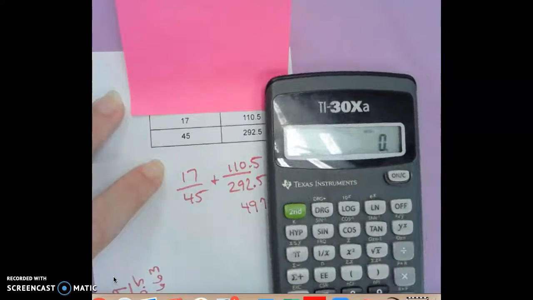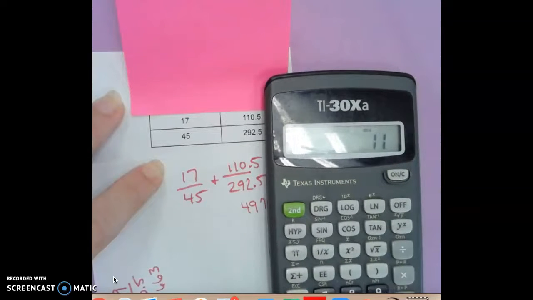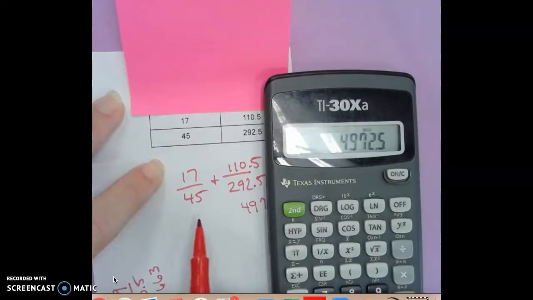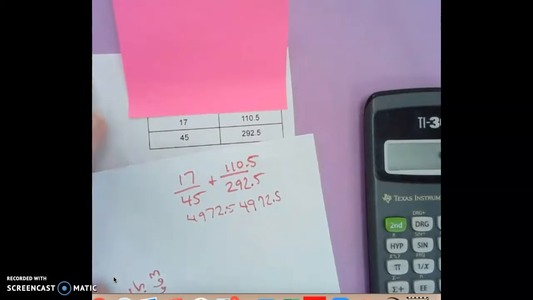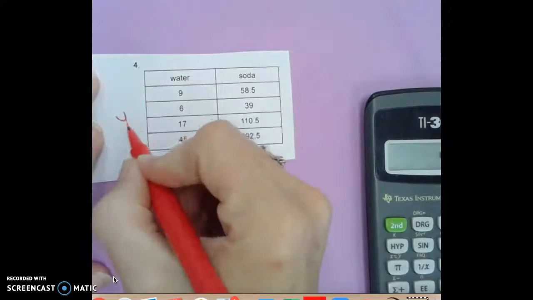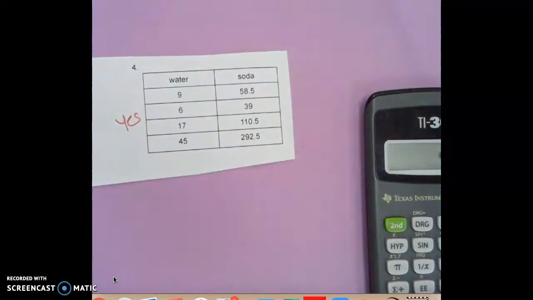And then 45 times 110.5, 4,972.5. So that means, yes, this table is also proportional. So I ended up with 3 yeses and 1 no.